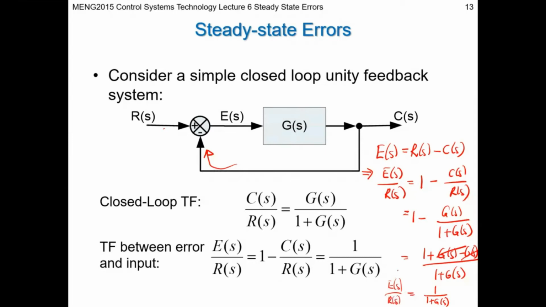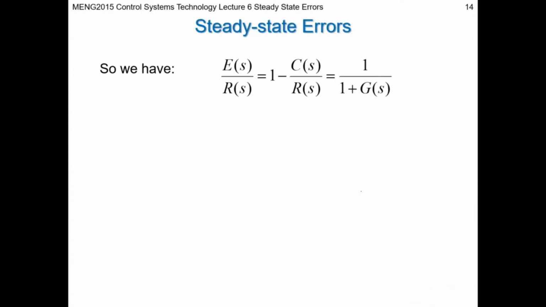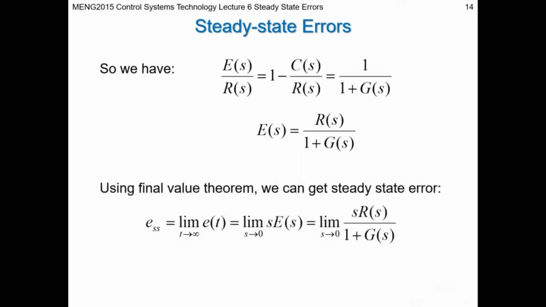Now this is relevant because we're looking at steady state errors, right? And it's just the same as what I have here. So now we've got an expression for our error as a function of our input. So we can multiply out and say now, our error is equal to our input times that transfer function that we just derived.